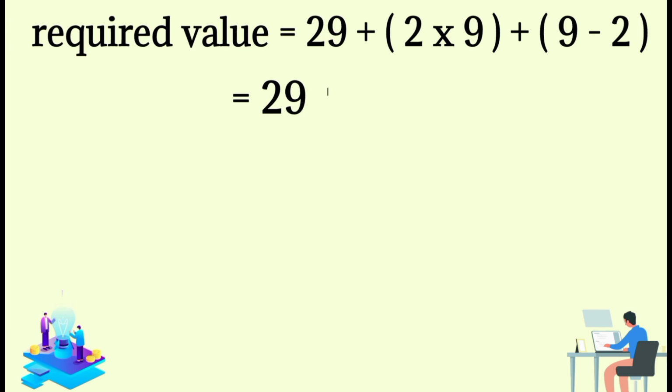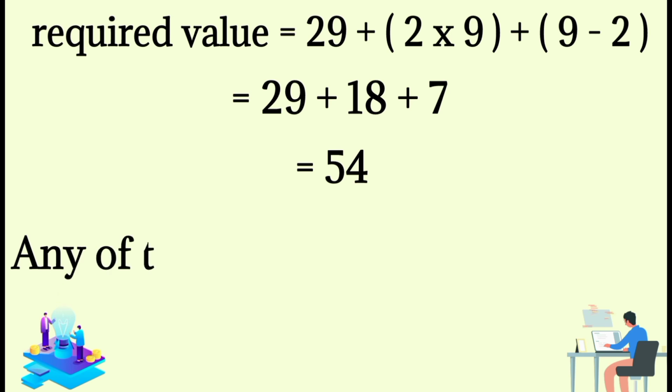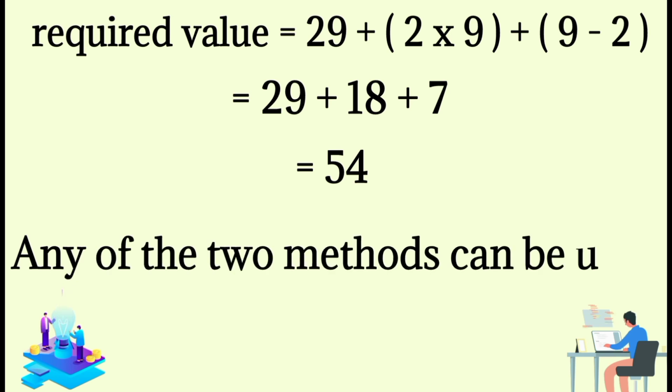So that will give us 29 plus the product of 2 and 9, which is 18. The difference between 9 and 2 is 7. So we have 29 plus 18 plus 7. That will give us 54. So you can use this method anytime. Any of these two methods can be used any day, anytime. So it depends on the one you prefer.